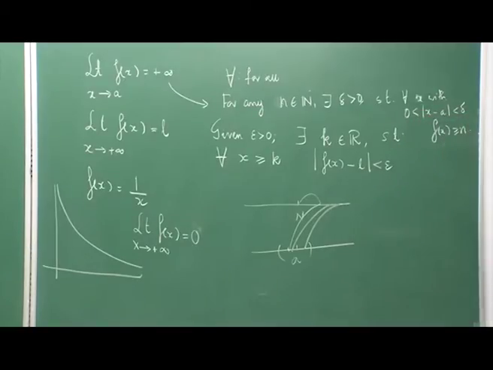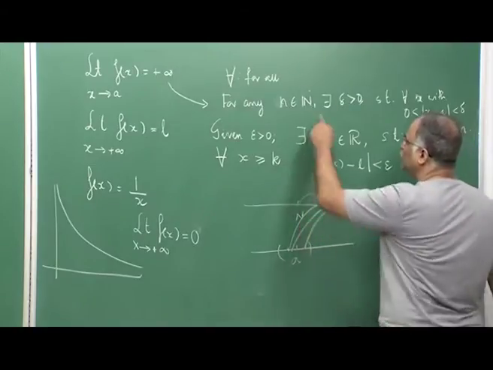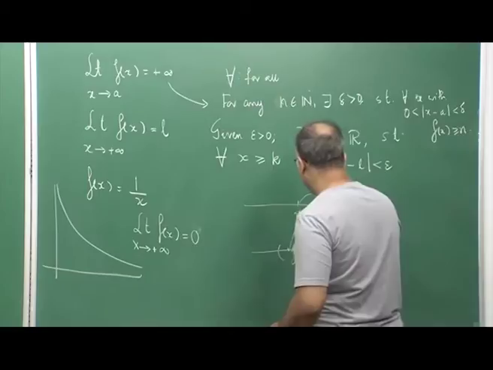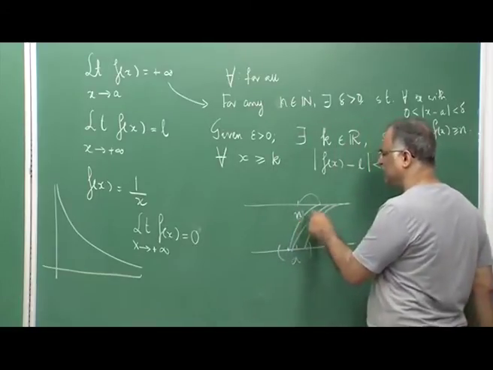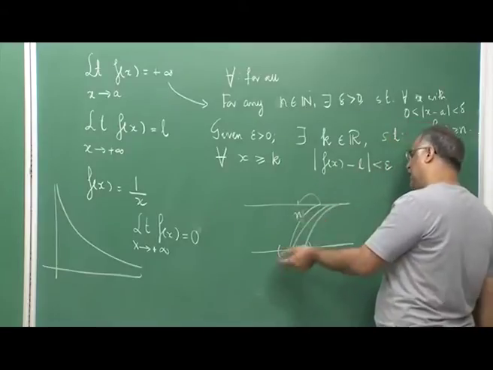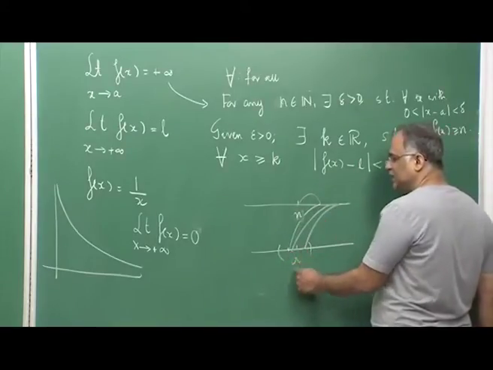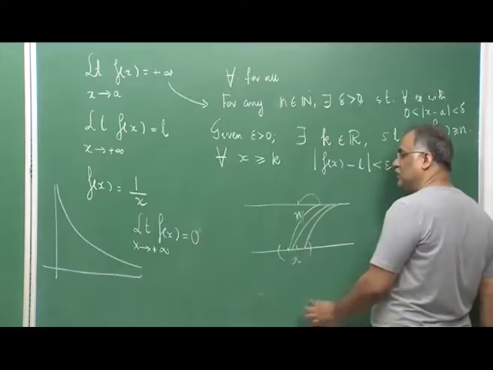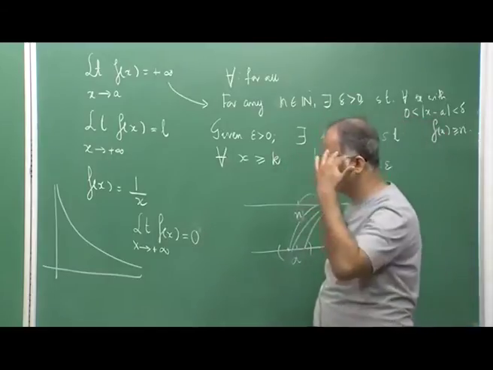So, that is the meaning of, so it is a blowing up situation. However big n you choose, however large this n you choose, it does not matter, it could be 1000, 2000, 10,000, I can always find x's near A such that the functional values are just going up.